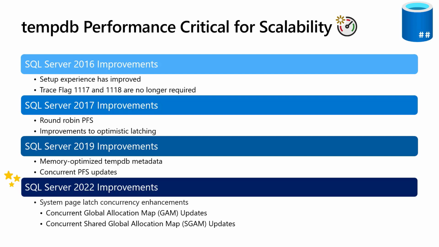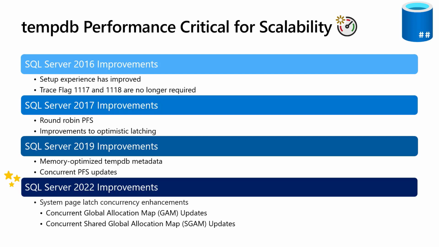This causes contention when many temp tables are created concurrently. Also, we use the SGAM when we have to address the index allocation map page for the creation of indexes. So with these improvements, we allow concurrent updates to the GAM and SGAM under a shared latch rather than using the update latch. This will also allow parallel threads to be able to modify the GAM page.